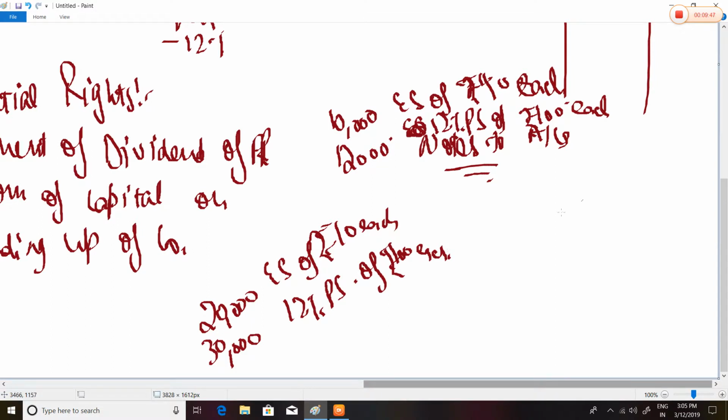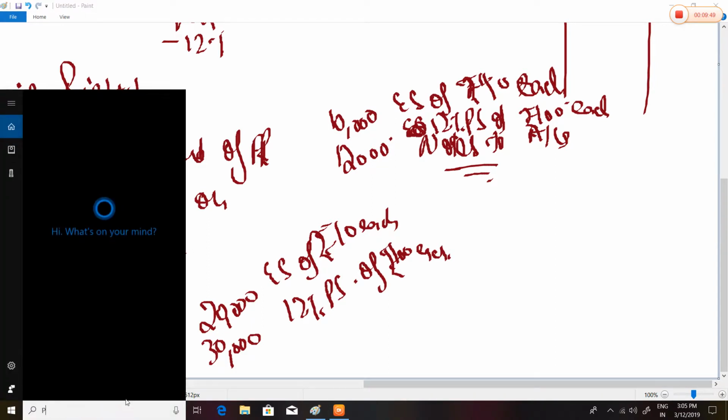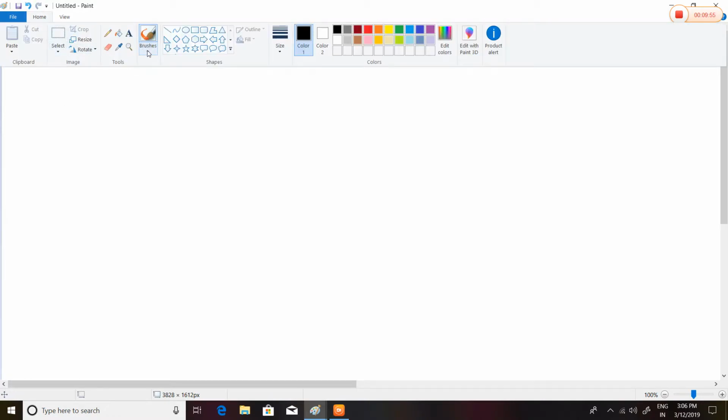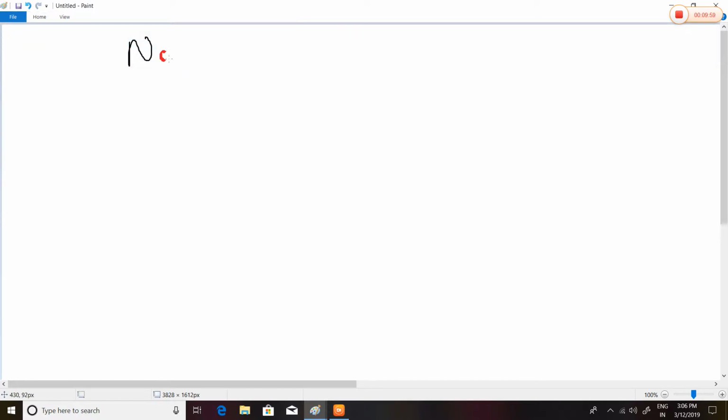So in the notes to accounts, I'll take it up on the next page. What would be our presentation? Let's see. The prescribed form of the share capital note of the balance sheet is as follows.